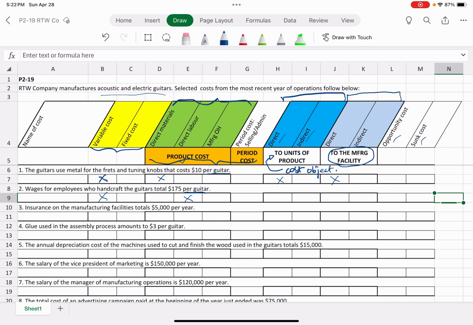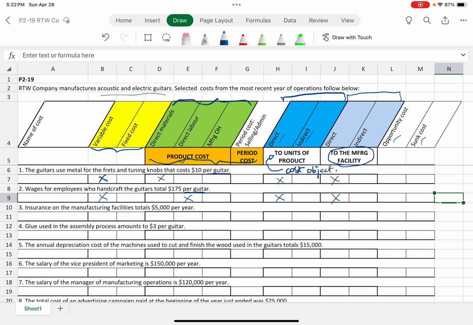Now on to whether we have direct or indirect costs to the unit of product. The wages for the employees who handcraft those guitars, obviously that's a direct cost because you can tie those wages to each individual guitar. And same thing to the manufacturing facility. Those employees work at the manufacturing facility, so they are direct costs of the manufacturing facility.